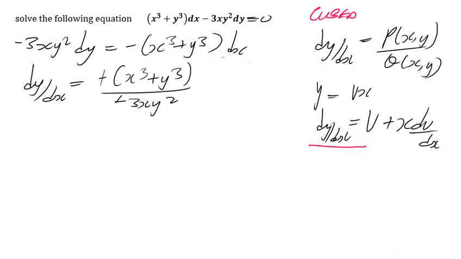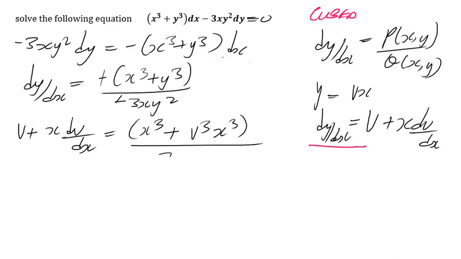So you have to substitute. It will be v plus x dv over dx equals x cubed plus v cubed x cubed divided by 3x into v squared x squared. Then you take out the common factor.